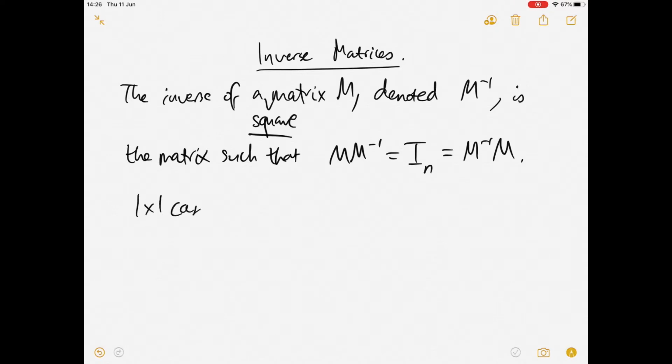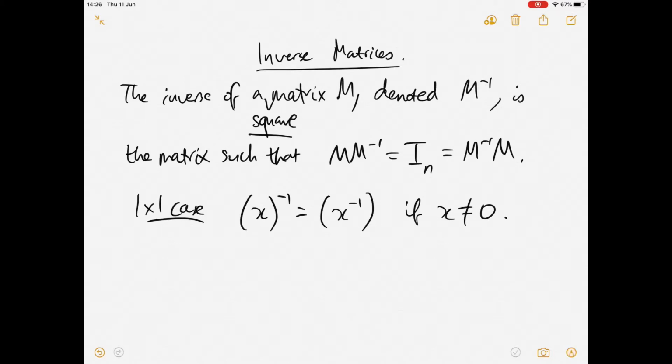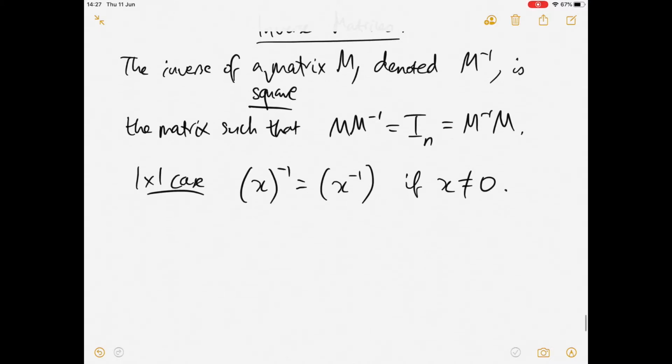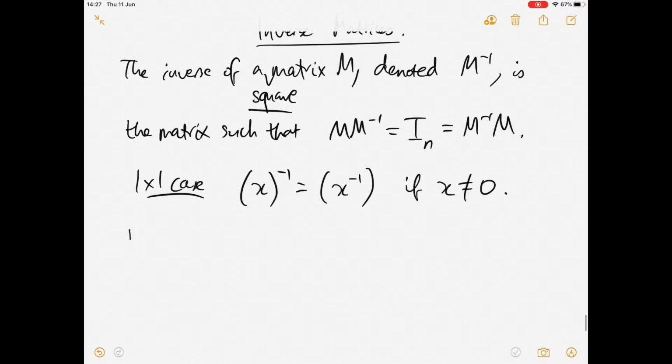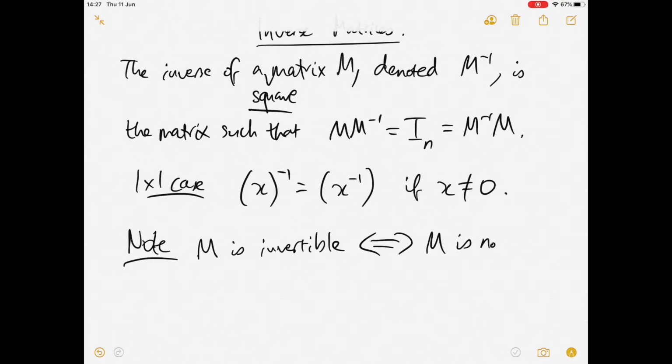The one by one case, which we're never going to be interested in: if we have a matrix X, the inverse of that is 1/X if X is non-zero. So for example, the inverse of the matrix 5 would be 1/5, which is quite obvious. An important note before we go any further is that M is invertible, meaning the inverse exists, if and only if M is non-singular.